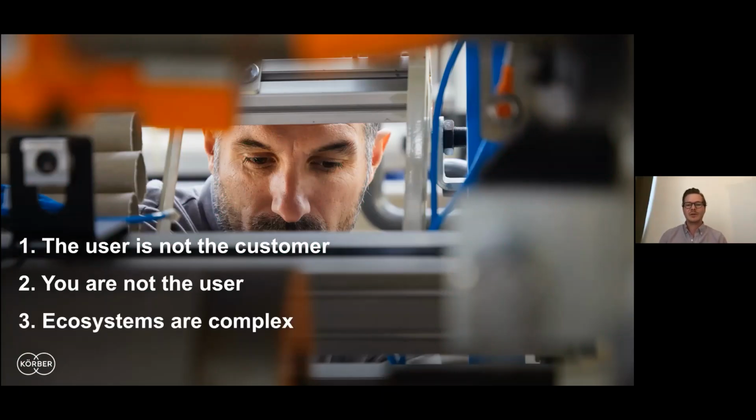And then the last point is that the ecosystems are fairly complex. There's a lot that happens around the user that you need to be aware of. For example, for us, there are worker unions that we need to be aware of, that don't allow us to record any performance of individual people.